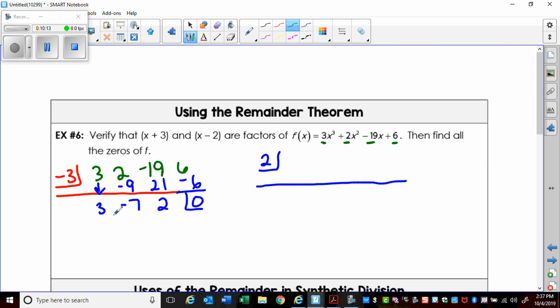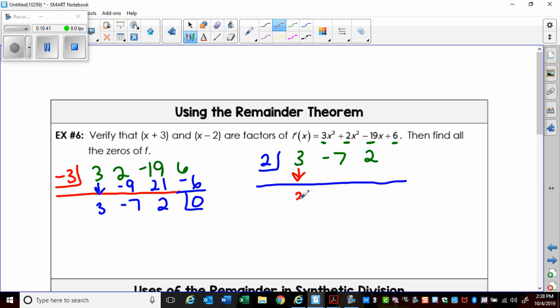And then I'm just going to rewrite what is left over, because if negative 3 is a factor of this, and 2 is a factor of this, then I can also use what's left over. So I have a 3, I have a negative 7, and a 2. That's all I have. Remember, I bring down the 3, bring down the first one.